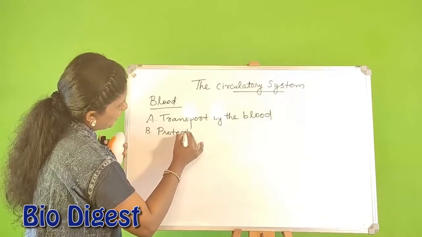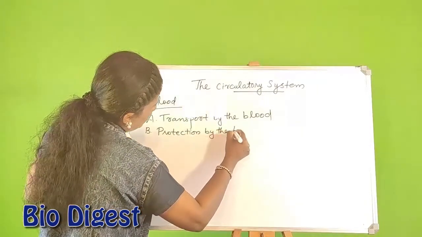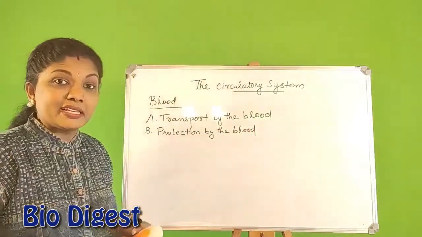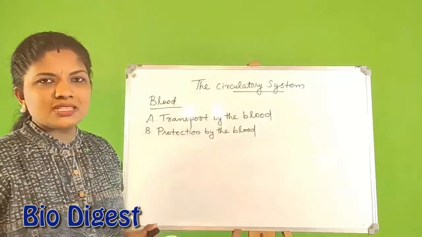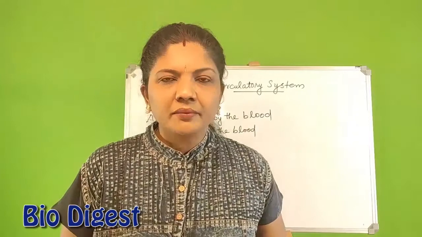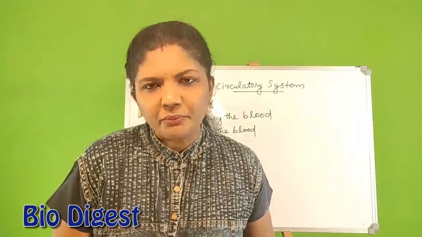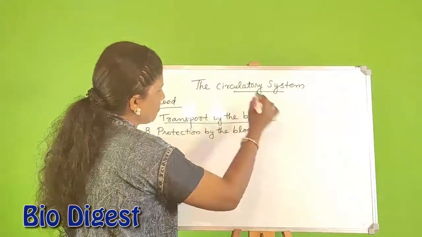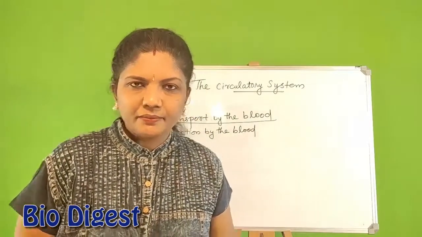Blood also helps in protection. So we are learning the functions of the blood under two headings. One is the transportation process carried out by the blood. Another is the protection offered by the blood. First we will discuss the transport by the blood. What all things are transported by the blood?